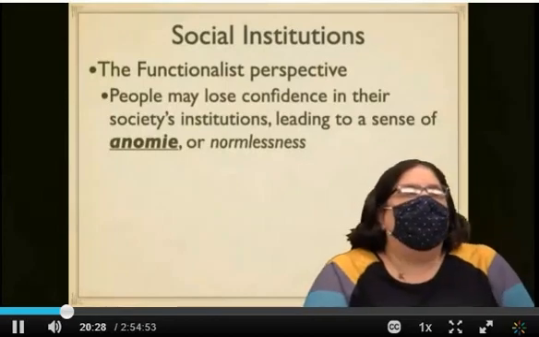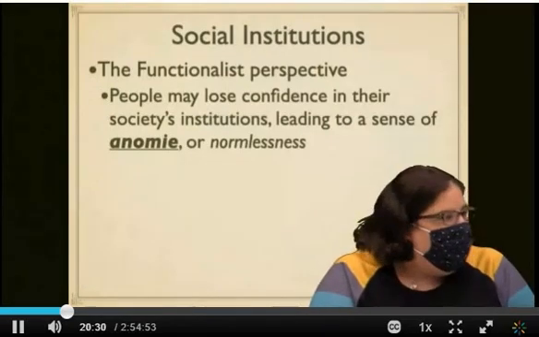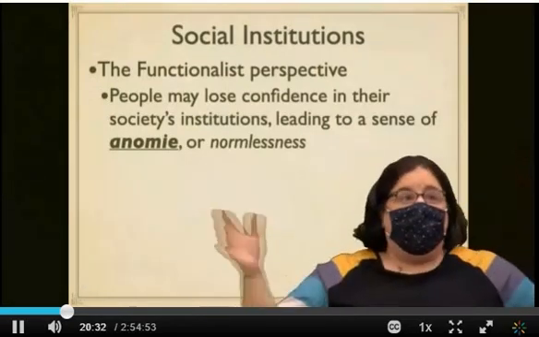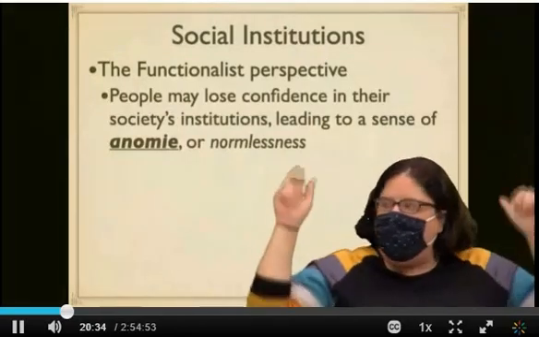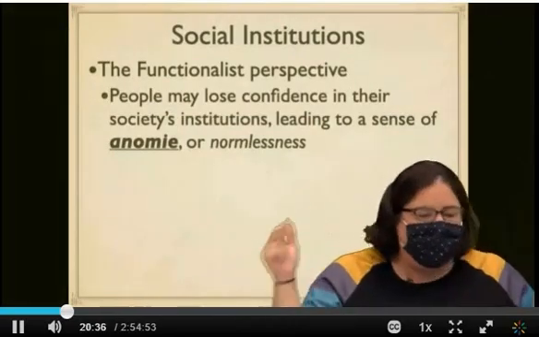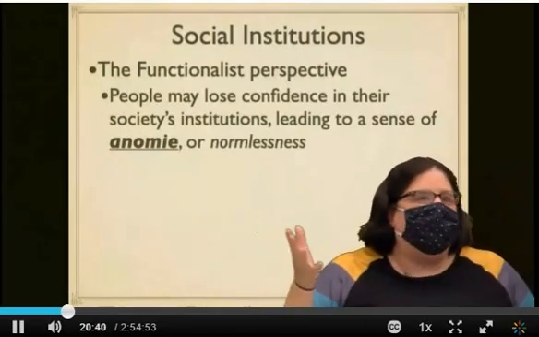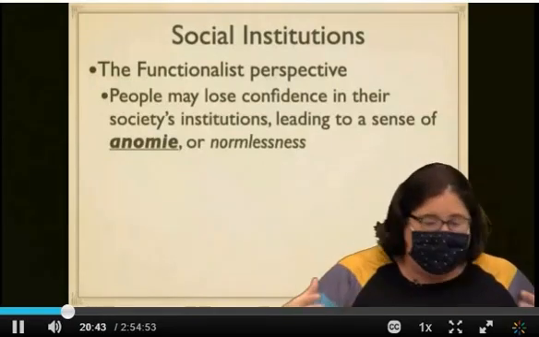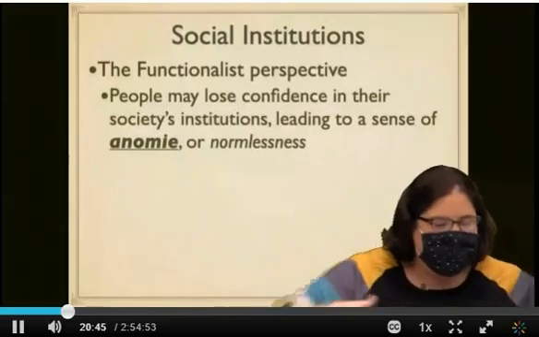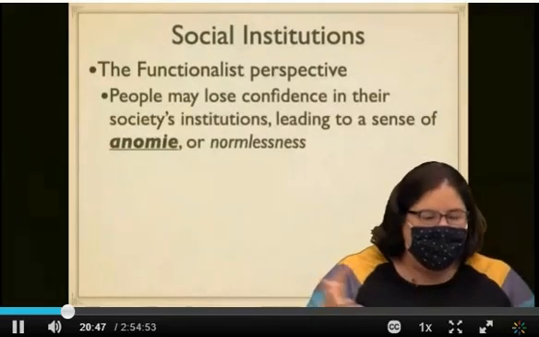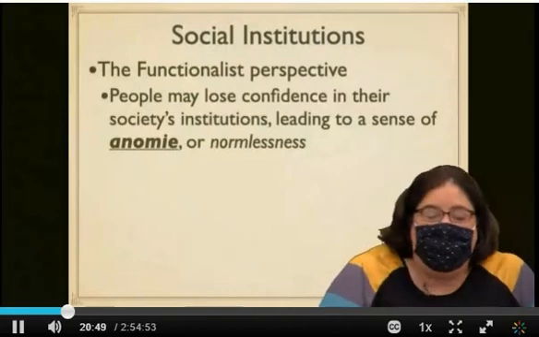This often happens in times when we have great social change, right? Say, during a pandemic, when everything shifts. Everybody kept talking about the new normal constantly, the new normal, right? They're reflecting this idea that we don't actually have a good sense of what we're supposed to be doing now and how we're supposed to live our lives. And it feels weird, right? That feeling is called anomie.